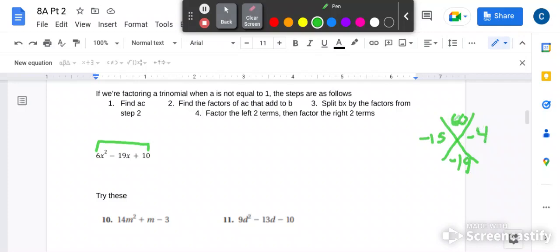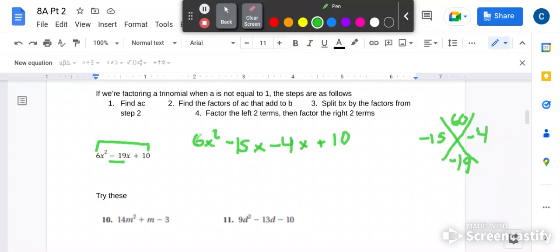All right, so we're going to use the negative 15 and negative 4 to split up the negative 19. So we're going to have 6x squared minus 15x minus 4x plus 10. Okay, so all we've done is take the negative 19x and split it into negative 15x minus 4x.